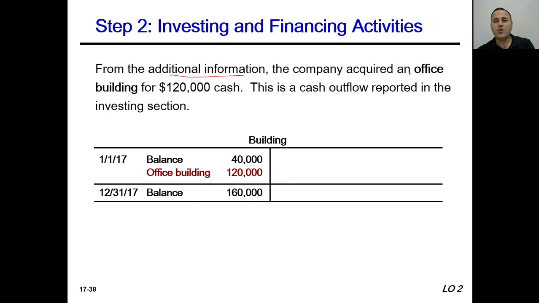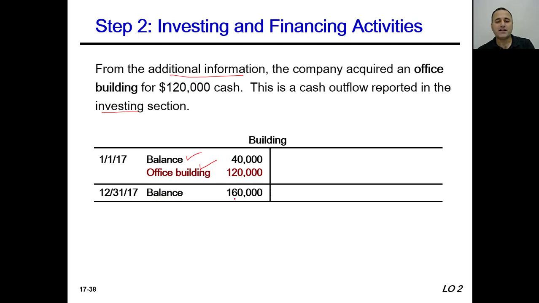From the additional information, the company acquired an office building for $120,000 cash. Sorry, this is not an off-balance sheet item, but it gives us additional information. So this is the cash outflow reported in the investing section. For example, the T account for building: the balance was $40,000, but we bought another office building for $120,000.